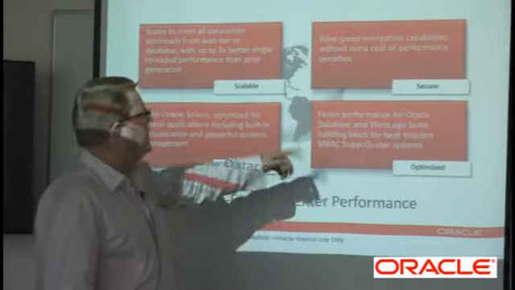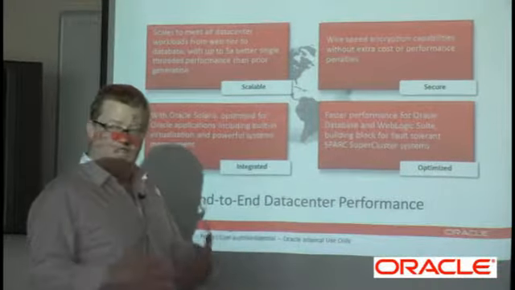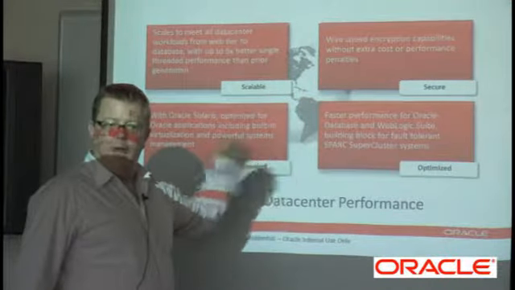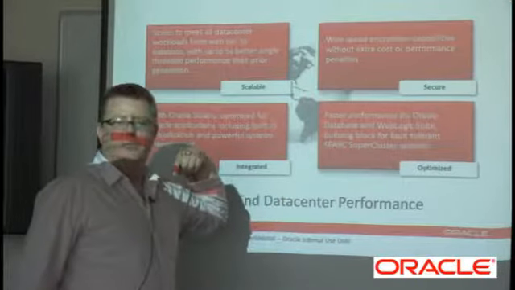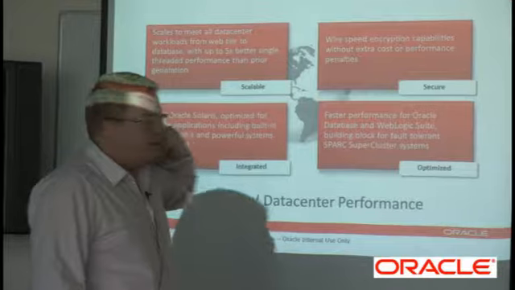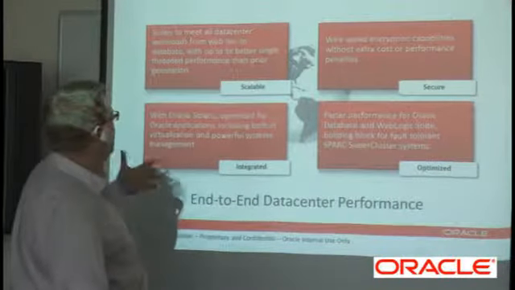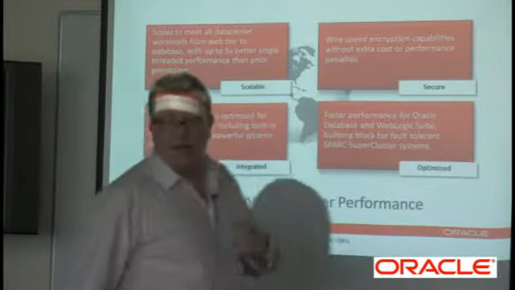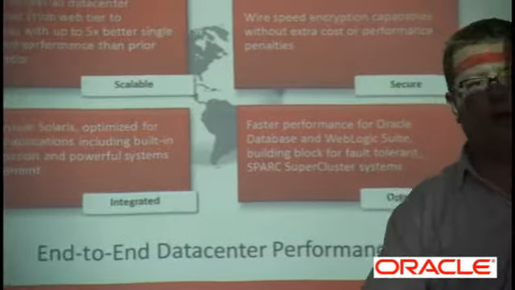It's faster performance for Oracle. It's been designed with Oracle WebLogic Suite in mind. IBM do not do this for AIX and WebSphere. They don't. Oracle Solaris is optimized for Oracle applications, with the built-in virtualization and power management software I was talking to you about earlier on.